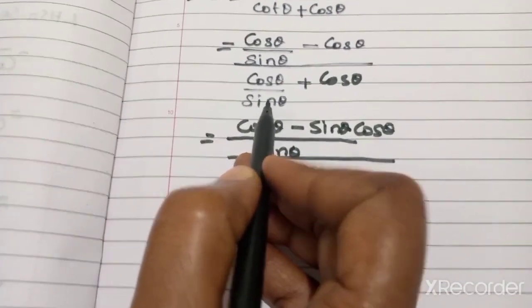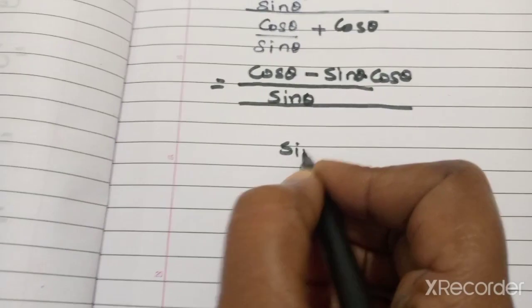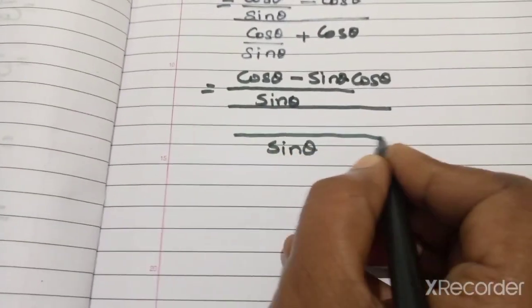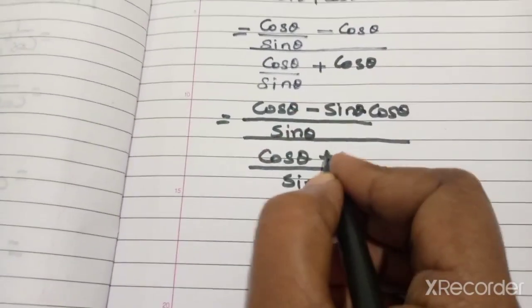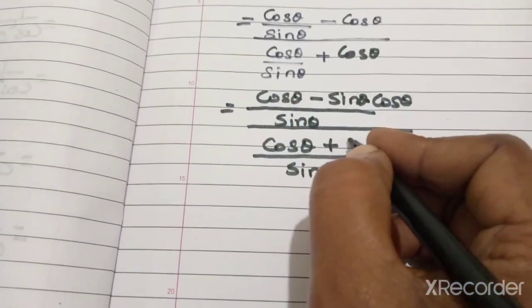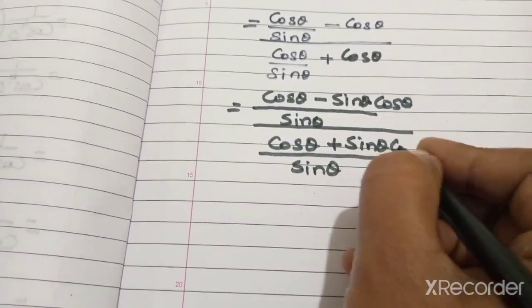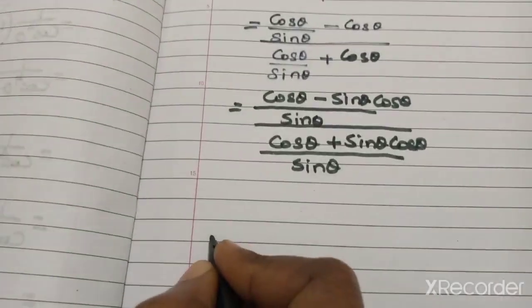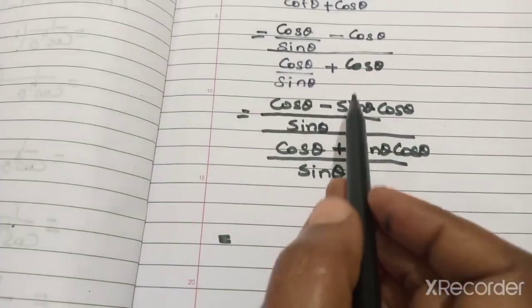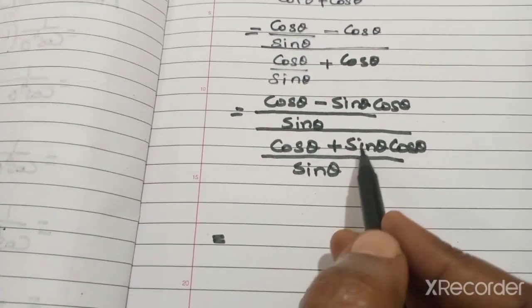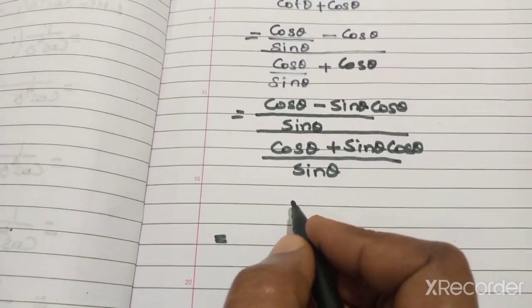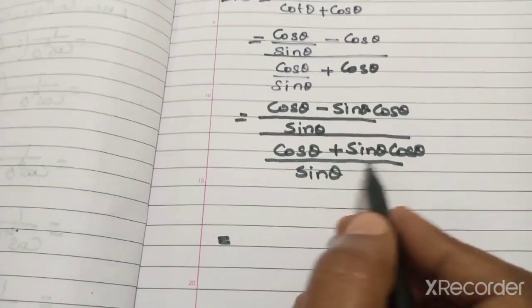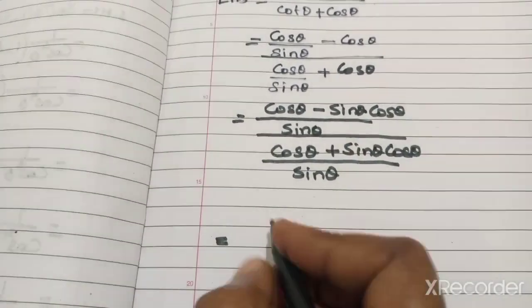let us take the LCM of the denominator. So what is the LCM? Sin theta. The numerator can be written: cos theta plus sin theta into cos theta, which is equal to... now what to do now? Let us change the division into multiplication. So the denominator, these two terms can be written reciprocally.